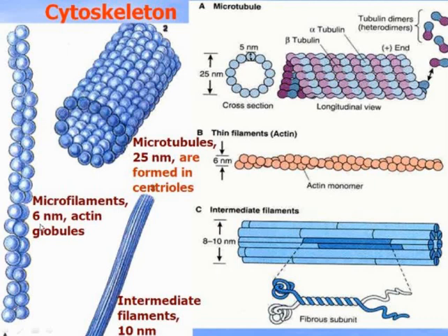Microfilaments are 6 nanometers in diameter. They consist of 2 chains of actin globules. Intermediate filaments are about 10 nanometers and consist of fibrous proteins like keratin, for example, in epithelial cells.